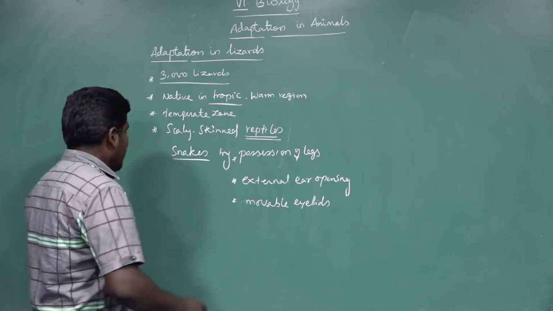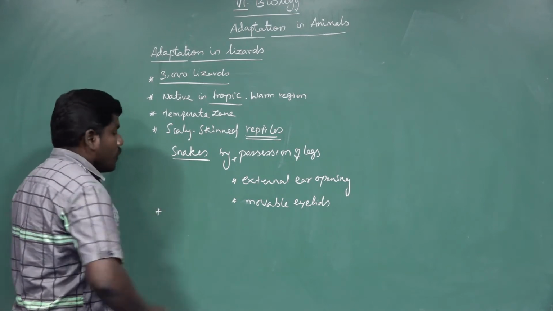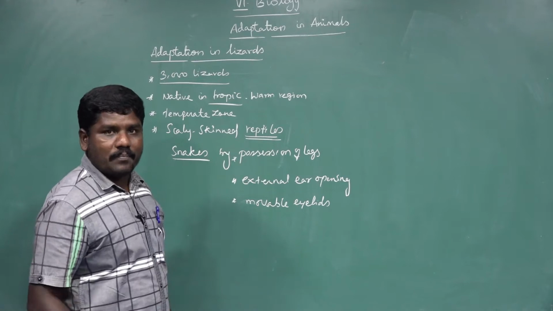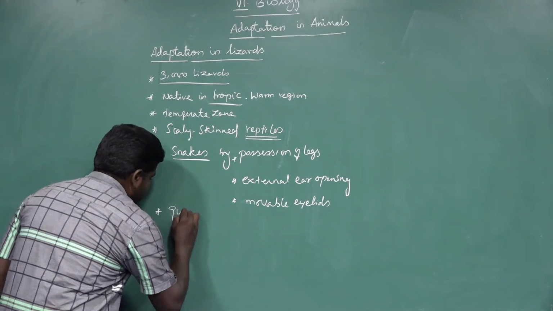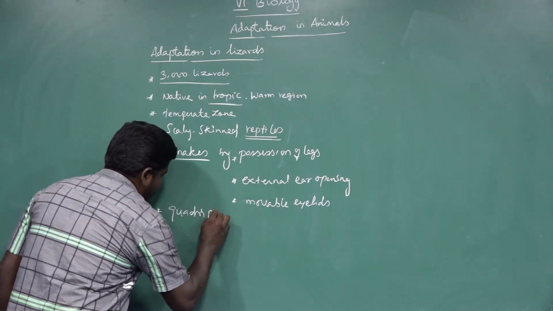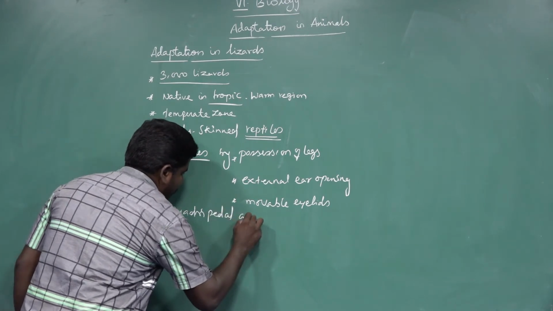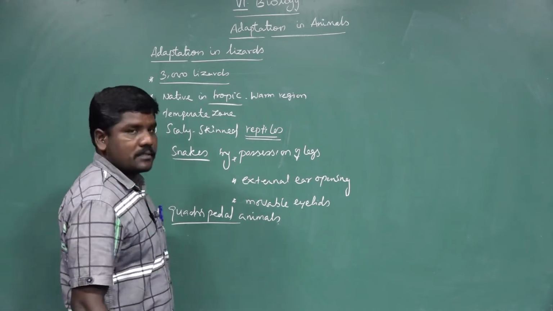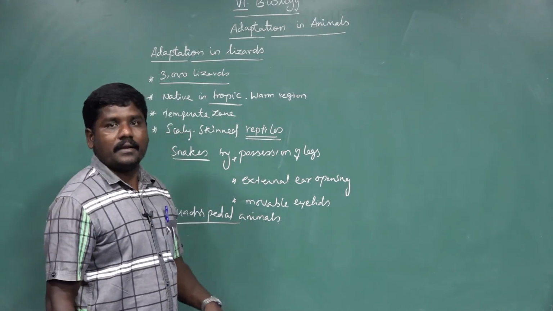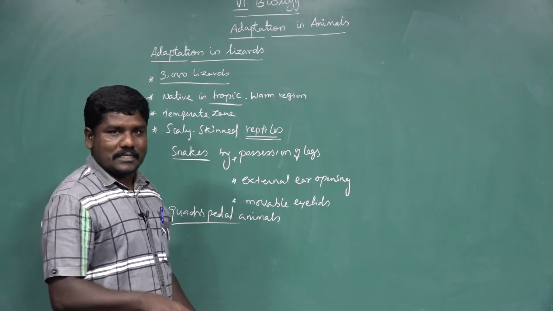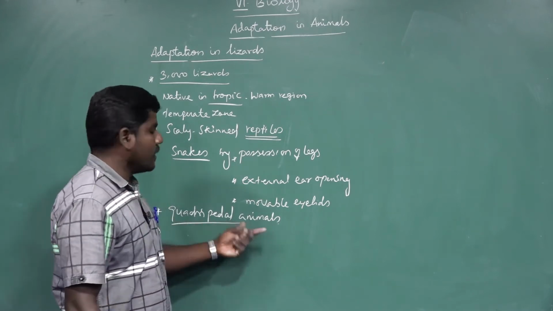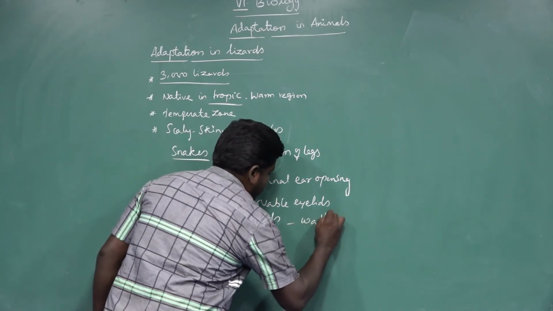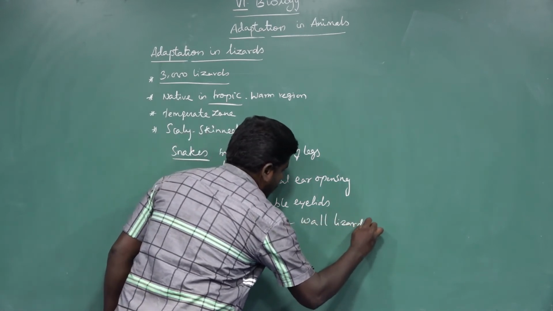Most lizards are called quadrupedal animals. Why is a lizard called a quadrupedal animal? Because the animals walk on 4 legs. This type of animal is called quadrupedal. For example, wall lizards.